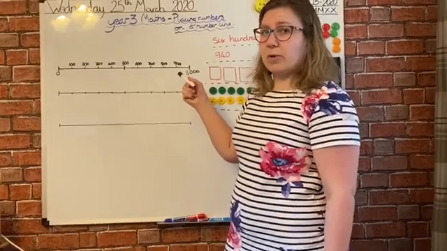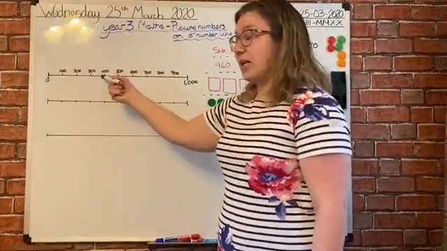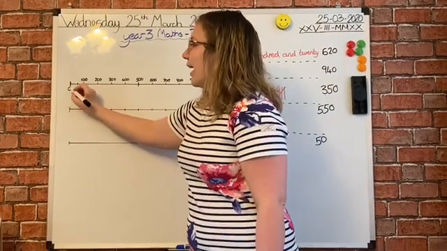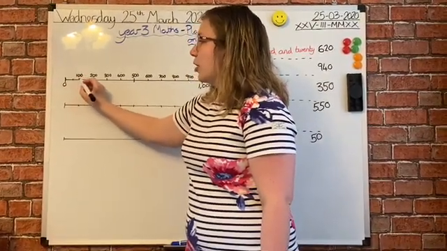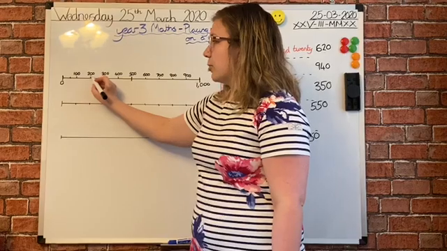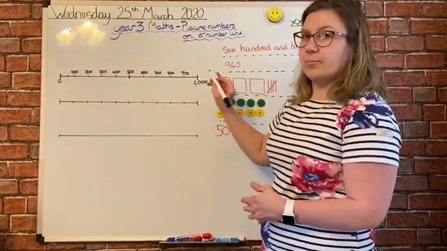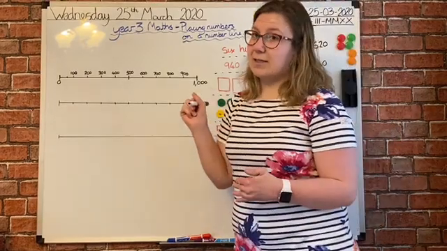If you have drawn this number line so that each increment is 2 squares, you'll therefore in between have 0, 50, 100, 150, 200, 250, 300, all the way up to 1000. And that's going to help you with this particular example.